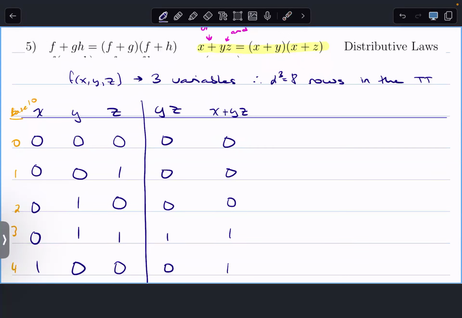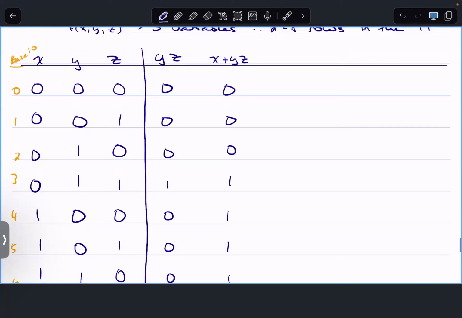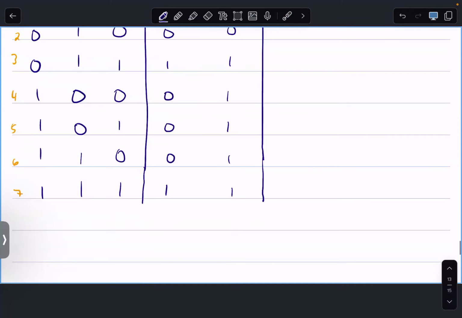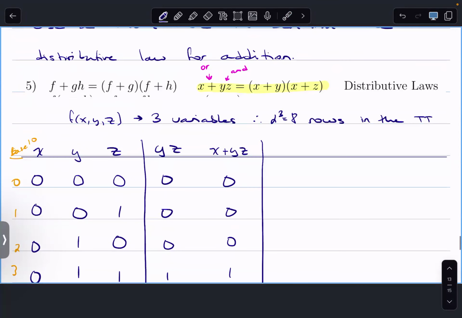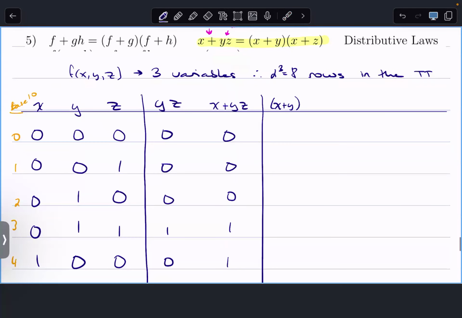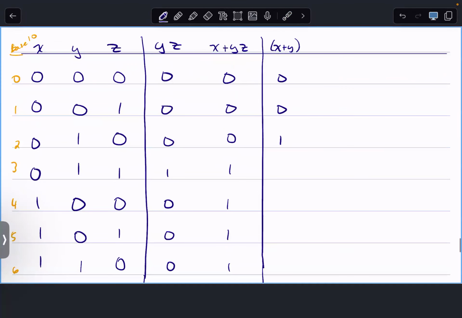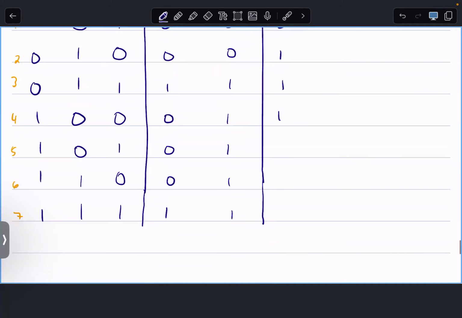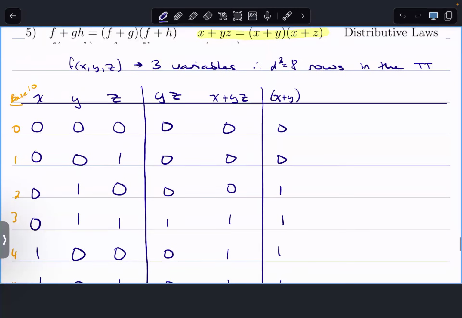So here we go. I'll divide this a little bit more. X plus y is 0, 0, 1, 1, 1, 1, 1, 1. I don't know why ones feel better, but they do.